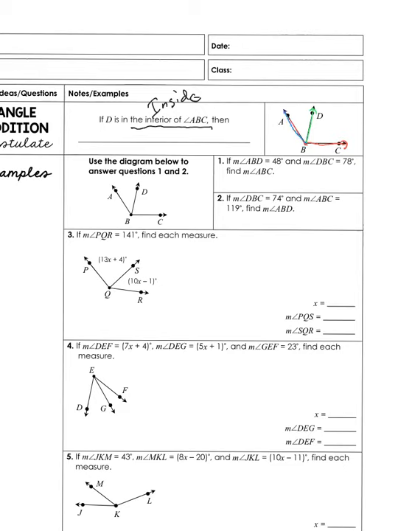Notice they all have the same vertex. That equals the measure of the whole entire original angle, which was angle ABC.